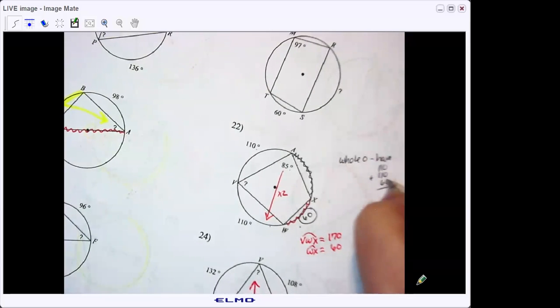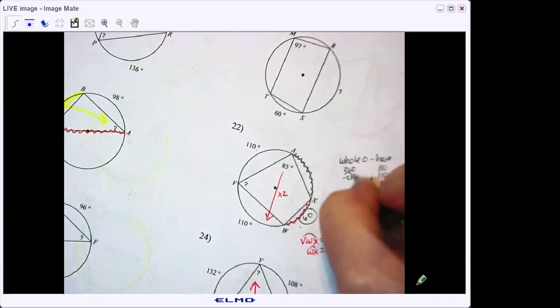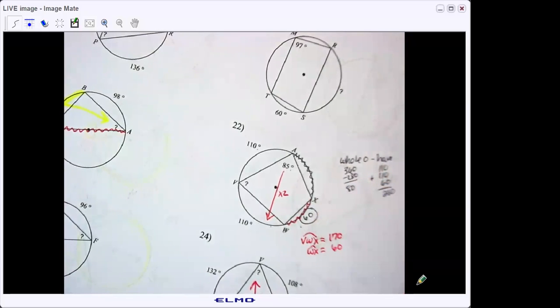When I add those together, I get 280. So I'm going to go 360 minus 280 to get 80. So this arc is 80. Did I lose anybody there? When you don't know what to do, just find all the arcs that you can and find all the angles that you can, and then go from there.